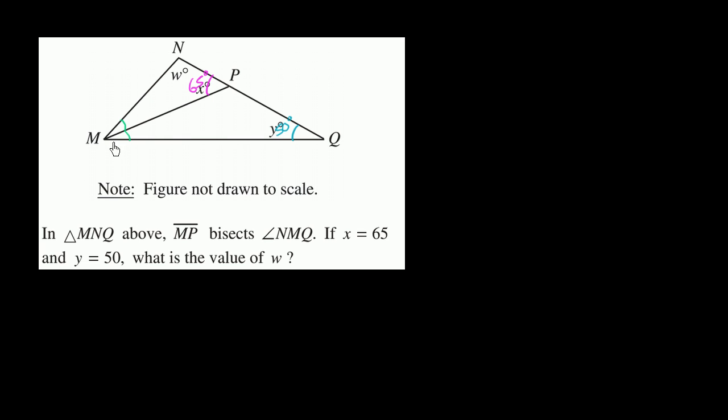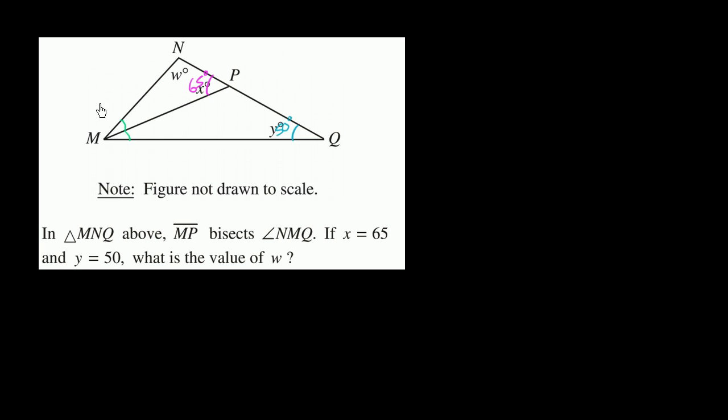We have three triangles here: triangle MPQ, triangle MNP, and triangle MNQ. We're dealing with the angles of triangles, so it'll be helpful to know that the sum of the interior angles of a triangle needs to add up to 180 degrees.